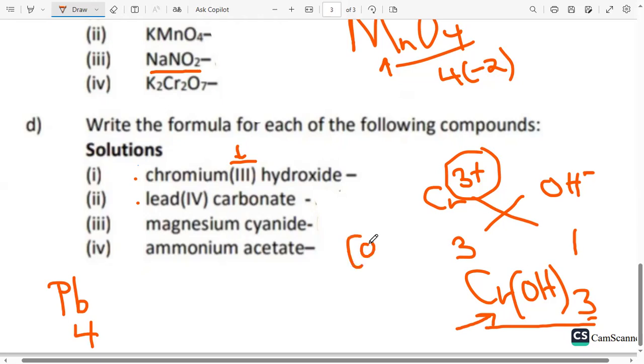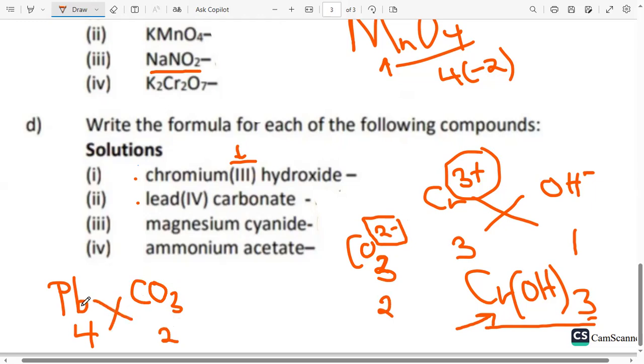We said it was CO3 with a charge of 2-. Since it has a charge of 2-, its valence is 2. So we are combining a lead with a valence of 4 to a carbonate with a valence of 2. We're just going to do that cross multiplication.